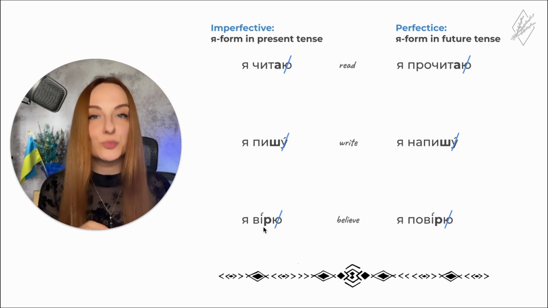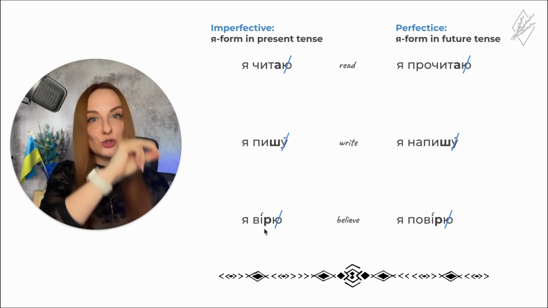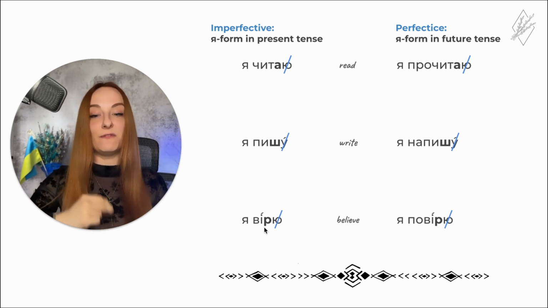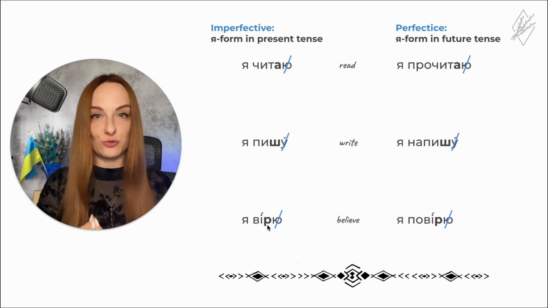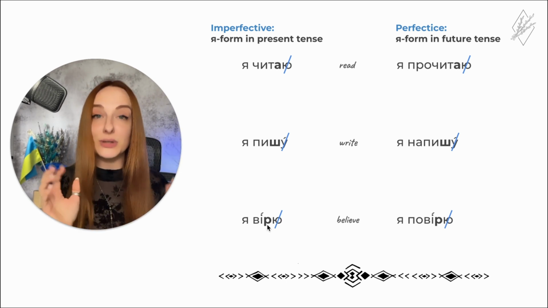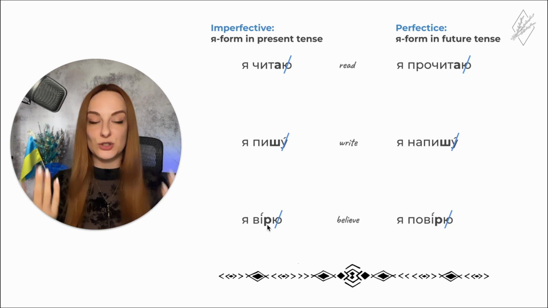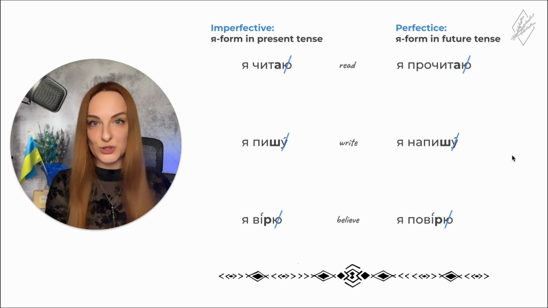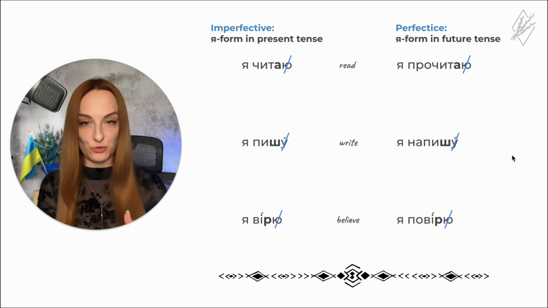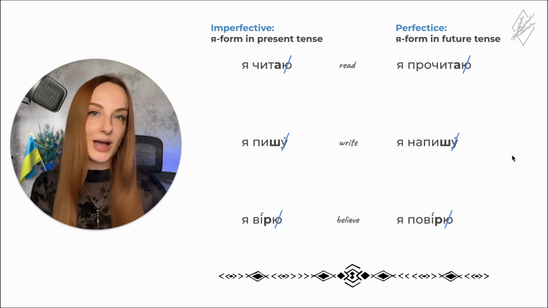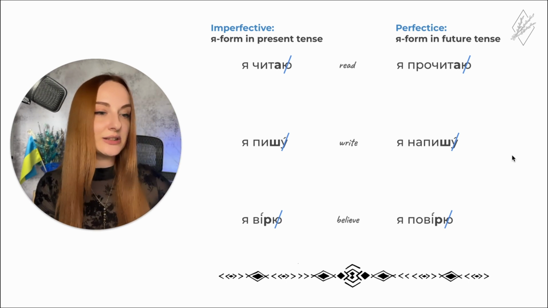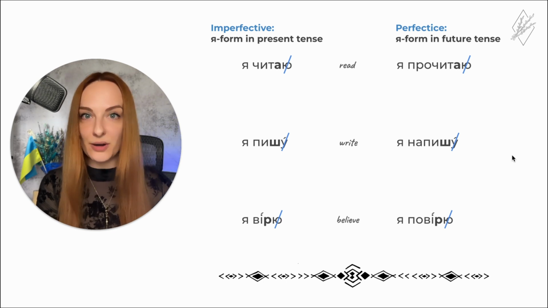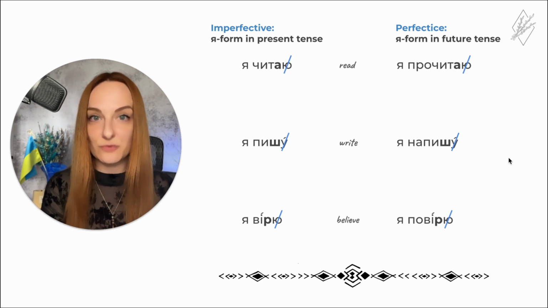And the third group is where the stress goes to the root, to the stem. Вірю, повірю. This is the most rare group, but it still exists. We have verbs of this group. So this is how we define which group we have. And each of these three groups has its own pattern for creating the imperative mood forms of these verbs.